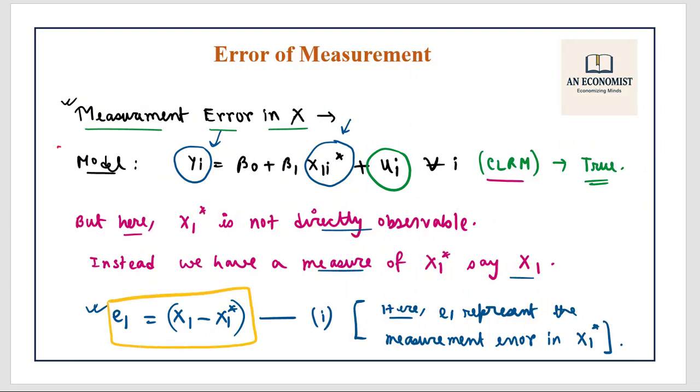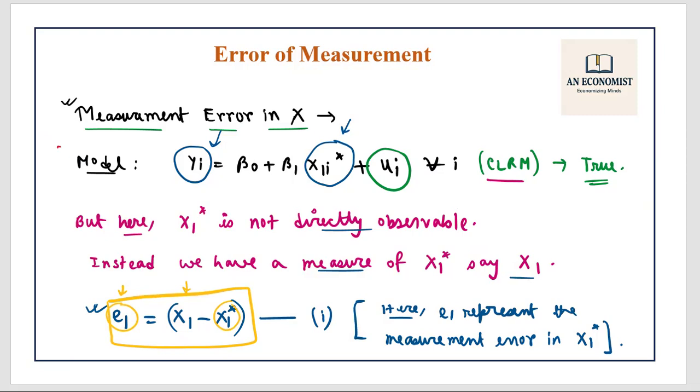Now we are saying covariance of e1 and x1 is 0, that is, e1 and x1 do not have any relationship between them. So what can you say about the correlation between x1 star and e1? By this relationship, we know they have to have a relationship, right? See, e1 is determined by the difference of x1 and x1 star.